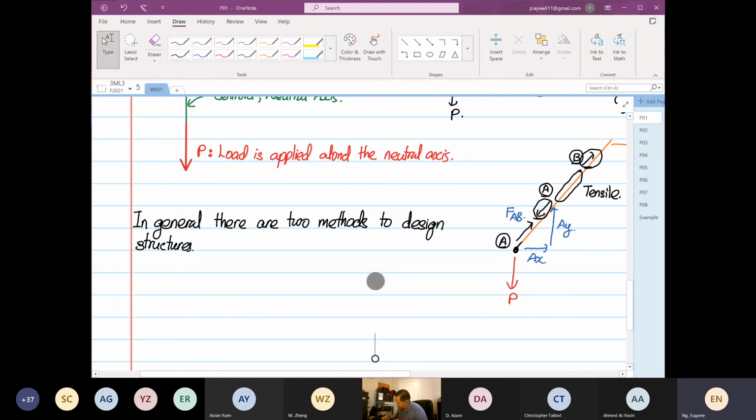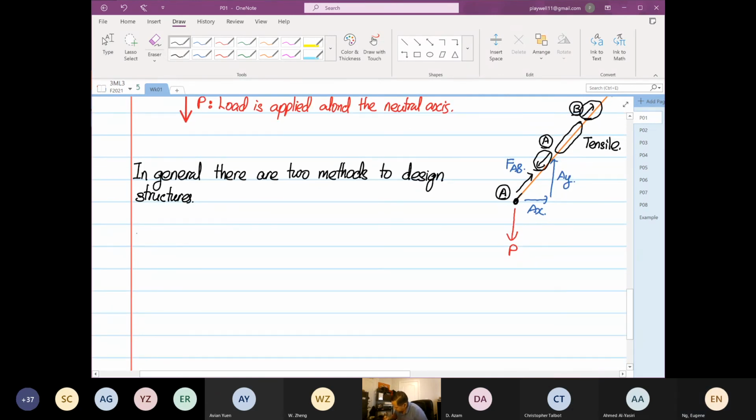Okay. So method number one, okay, is based on reaction forces.